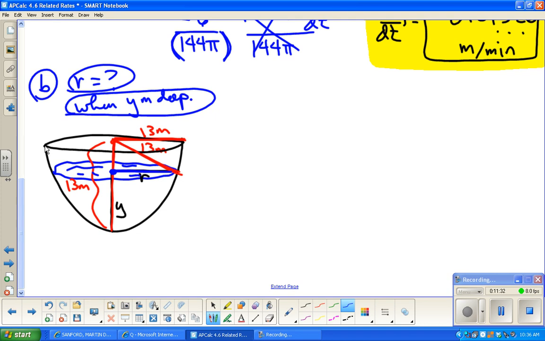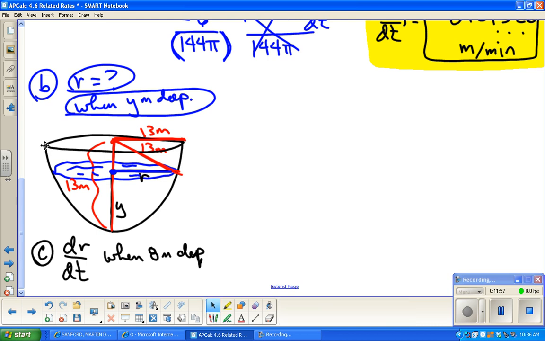And then part C says, at what rate is the radius changing? So right now we just want r equals. In part C, we want dr/dt when it's 8 meters deep. So I think the idea is that we're going to write an equation in part B for r, and then we'll do a derivative so we can look at dr/dt. So we need to relate the r to the other stuff we have here.